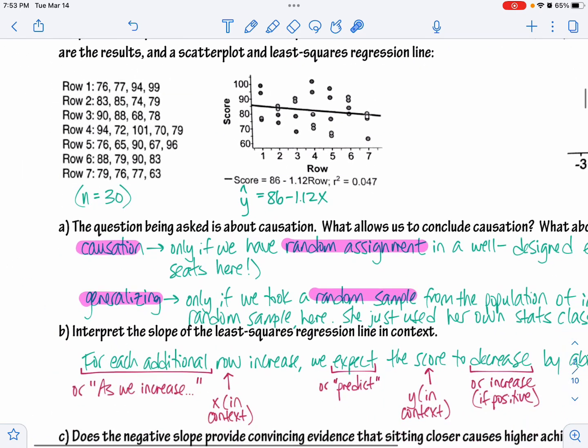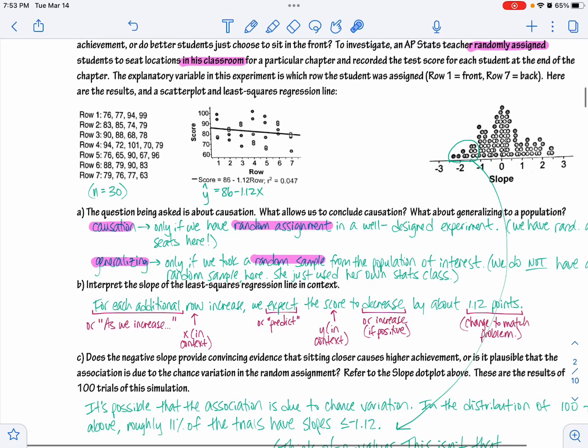Anyways, do you remember how to write the sentence for the slope? Here's what it looks like: for every single additional, or another way of saying that, as we increase whatever the x value is, which in this case is the row, we expect or predict the y value, which in this case is score, to increase or decrease.